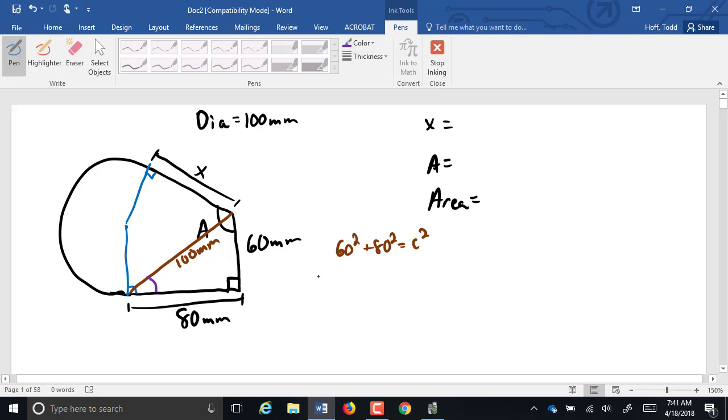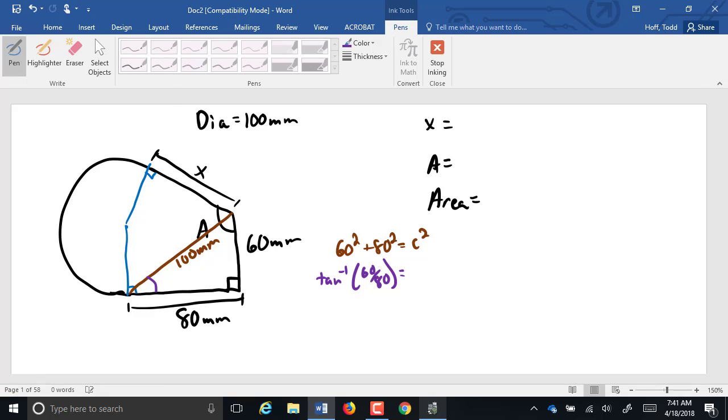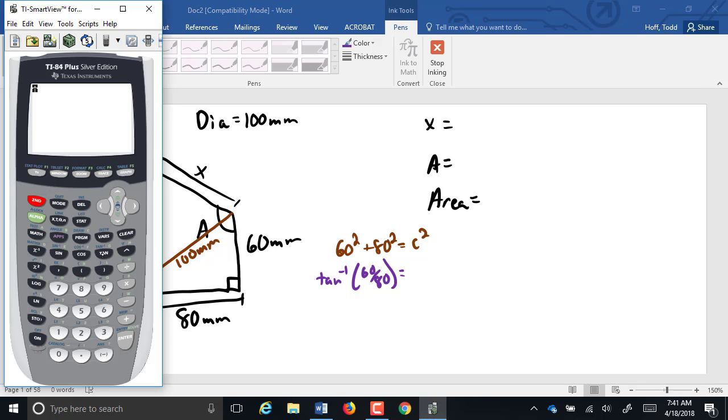This angle here would be inverse tangent of 60 over 80. So 36.87 degrees.